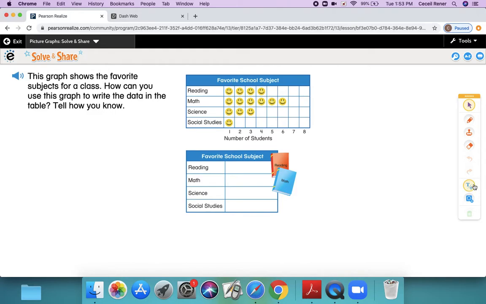So let's do that. So I can see that there are 4 students in reading. I'm going to put a 4. So I'm going to move that there. Okay. And then, how many do we need for math? 1, 2, 3, 4, 5, 6 people like math.